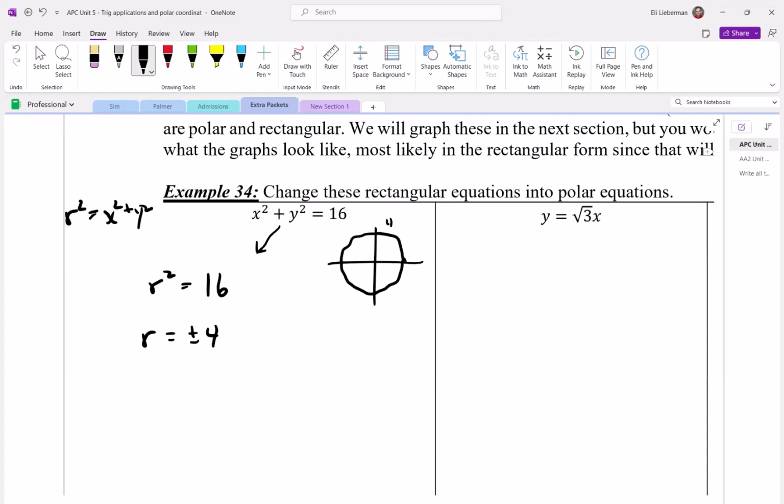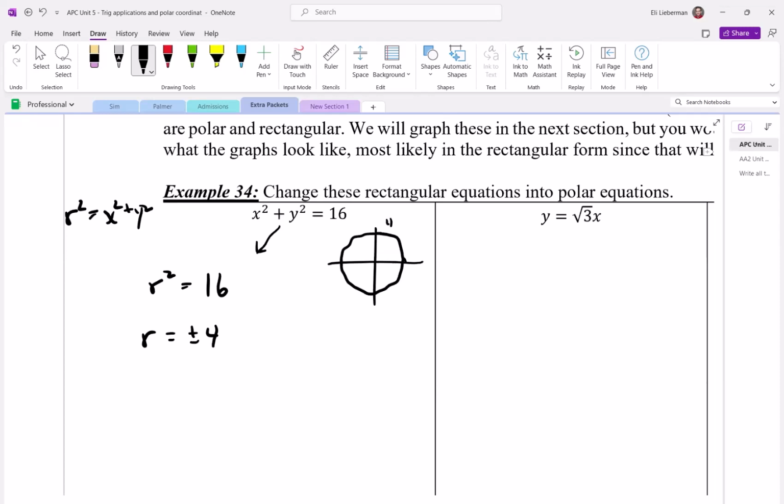But I hope you can see, and I hope it makes sense, that this is the equation of a circle that is radius 4. Think about polar coordinates. Think about that polar axis revolving around the pole, and it's just drawing a path where r is equal to 4. It makes a perfect circle.